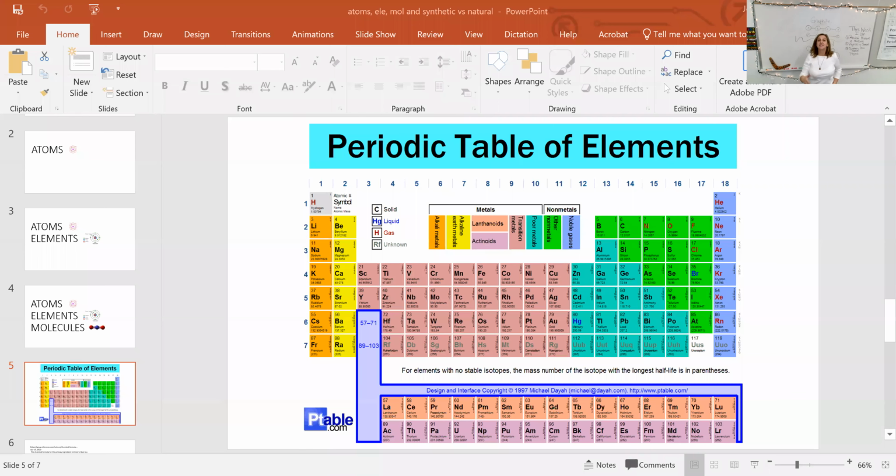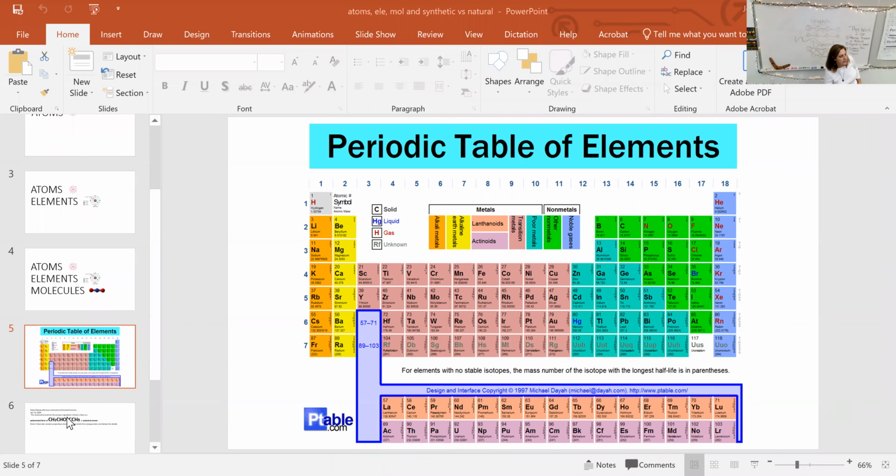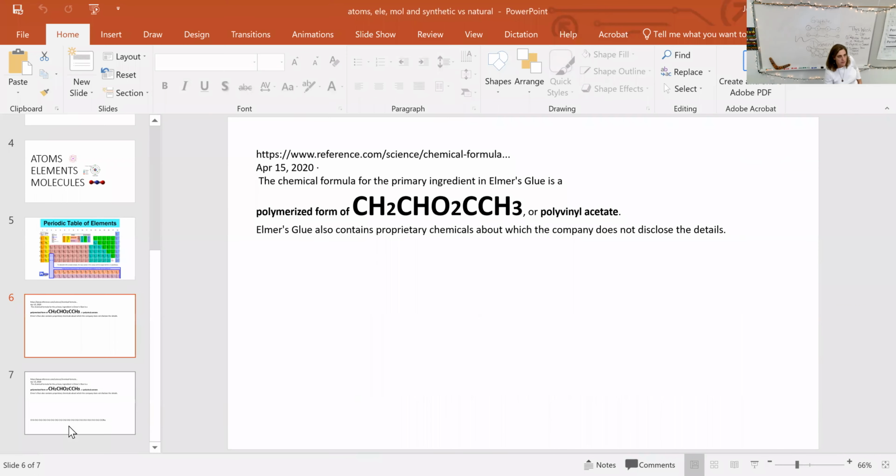So you recognize this as the periodic table of elements. In our next slide, we're taking a look at the chemical composition of Elmer's glue. And I think I showed it to you last week. Elmer's glue is made up of these natural elements: carbon and hydrogen, more carbon and hydrogen, oxygen, carbon, carbon, and hydrogen.